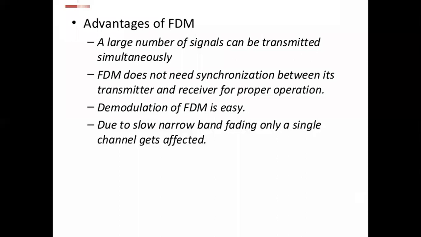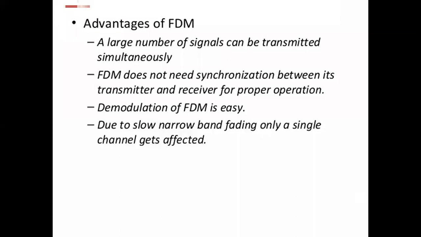And the third one is that demodulation of FDM is easy. To demodulate, a filter is designed to allow only that frequency: first frequency through the first filter, second through the second filter, third through the third filter. Those filters are on the receiver side.